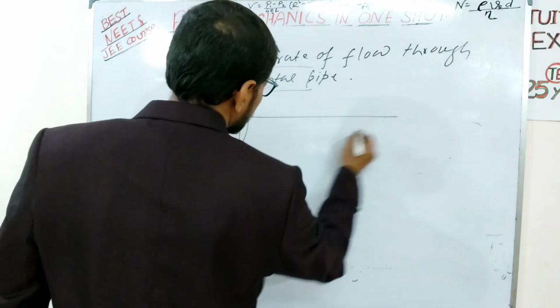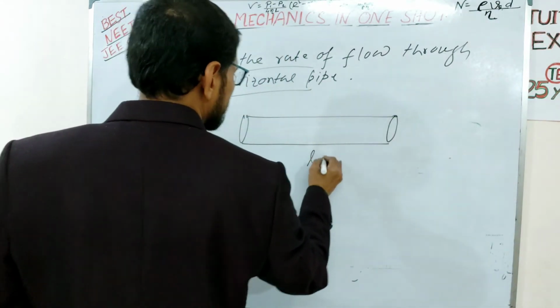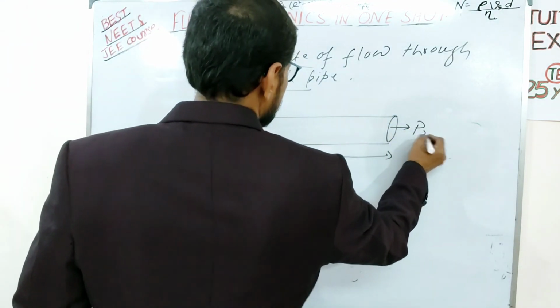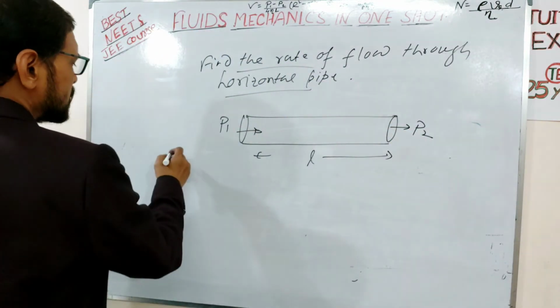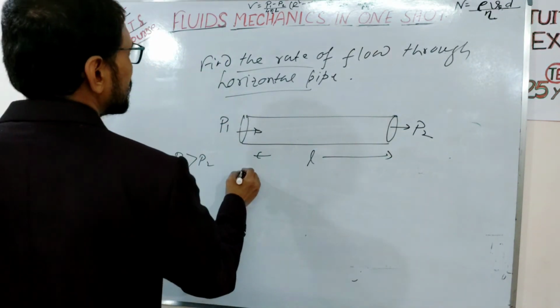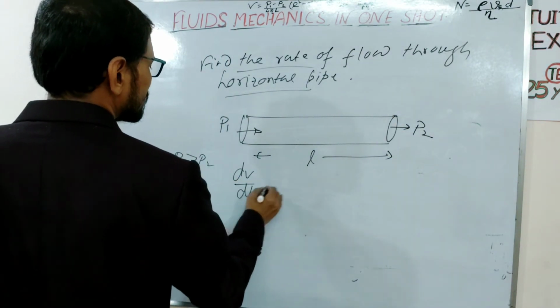So if we take a horizontal pipe of length L, there must be a pressure gradient, that is P1 greater than P2, such that liquid flows from this end to this end. Now what is the rate of volume flow dV by dt through the pipe?